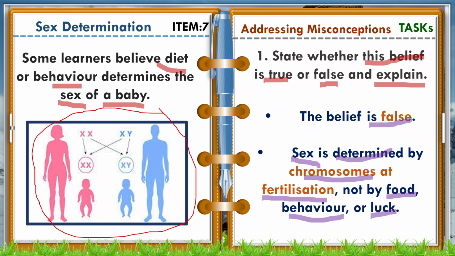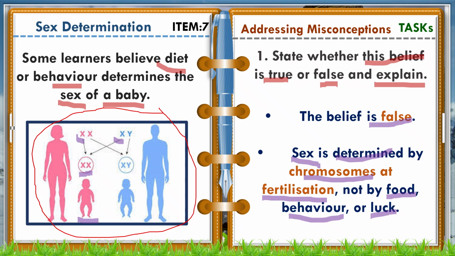For example, if an X chromosome combines with an X chromosome, we get a chromosome combination of XX, and this one is going to be a girl child.